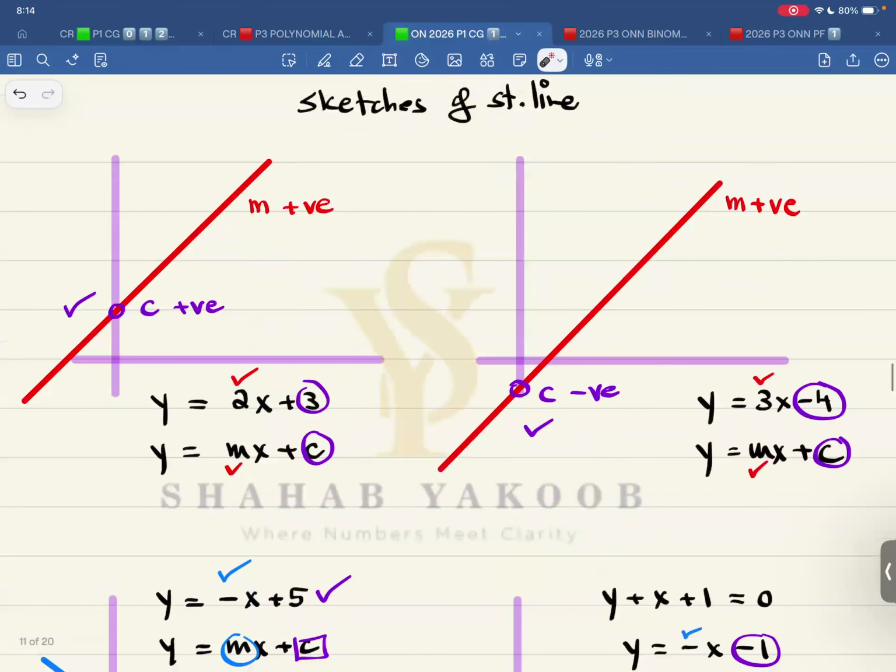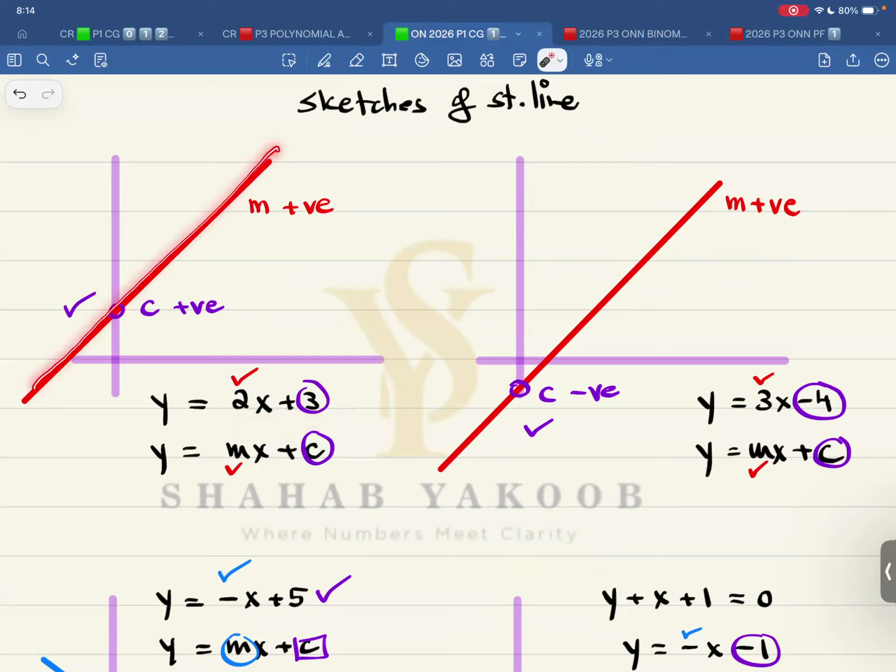Then some sketches. This is all last time work. I'm skimming over it, and then I'll form a group, a portal, or something like that, and I'll share that video with you for you to have a look. When the slope is positive, the line goes up like this. So for example, if the equation is like this, it's just a rough sketch.